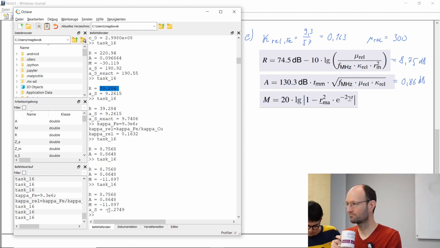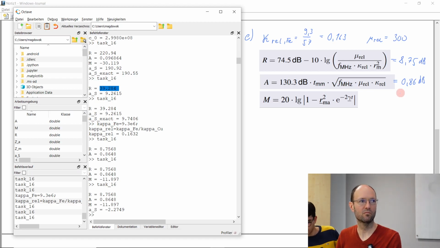Change of material. Say again? Change of material. Yeah, I mean, we changed the material from aluminum to steel, but for the aluminum it worked, for the steel it's not working. I think there are now just too many approximations in this formula. So we are doing some small mistake here, we're doing some small mistake here, we might also do some small mistake here, and so they somehow add up that we get some total negative shielding efficiency.